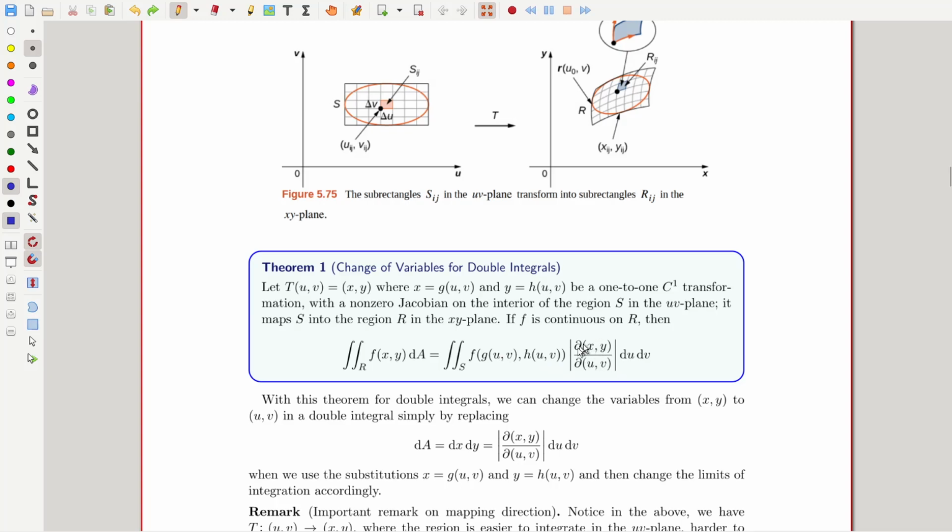And then you have this Jacobian, right? And this Jacobian is measuring how much you need to distort the rectangular regions in the UV plane in order to get them to correspond to regions in the XY plane. Okay, so this is sort of correcting the distortion under T, so that the areas of the regions match up, so that these two integrals are equal.